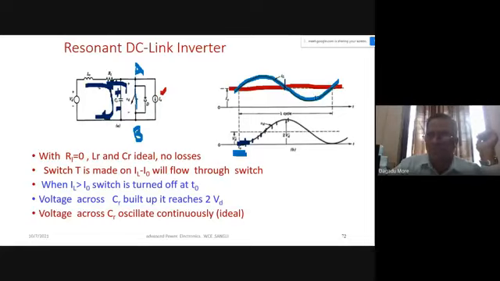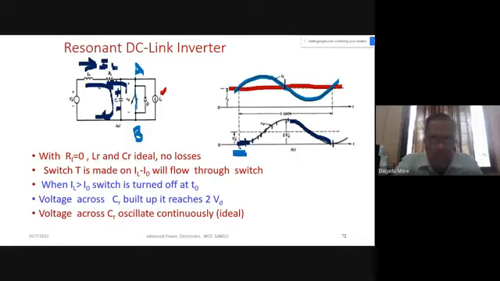The capacitor voltage is decreasing, and again the capacitor voltage will become 0. Whenever the capacitor voltage comes to 0, we can close this switch again, and again IL has to be greater than I0. In this fashion, we can resonate the DC link.